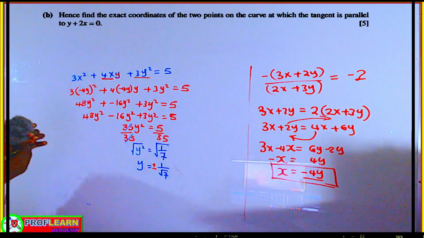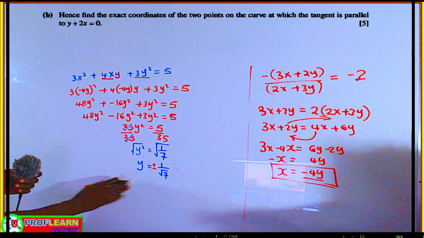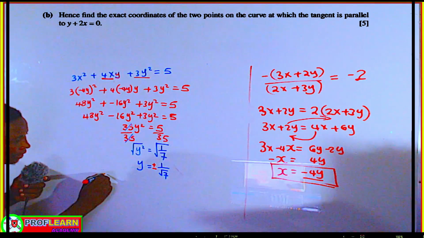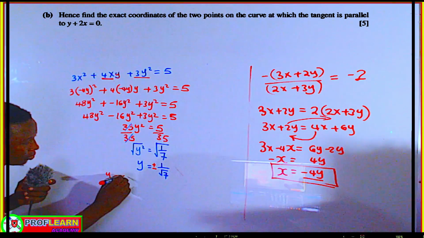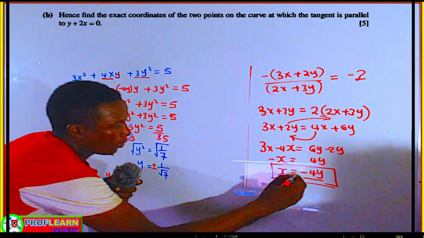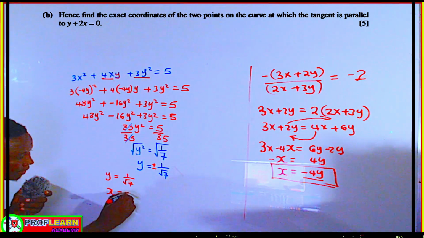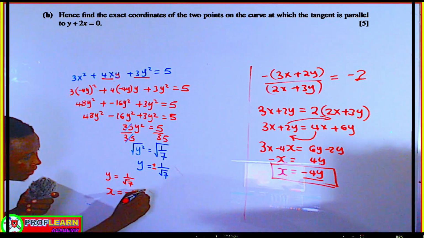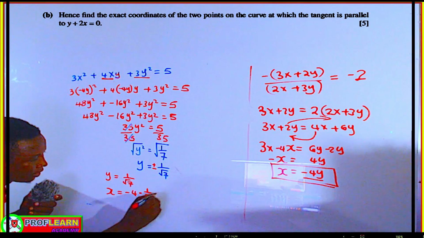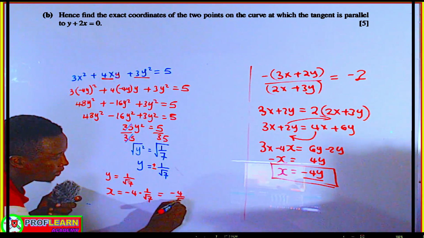This will enable us to find the two coordinates here. If y is positive 1 over root 7, then x is going to be negative 4 times y, and y is 1 over root 7, so x is going to be negative 4 over root 7.